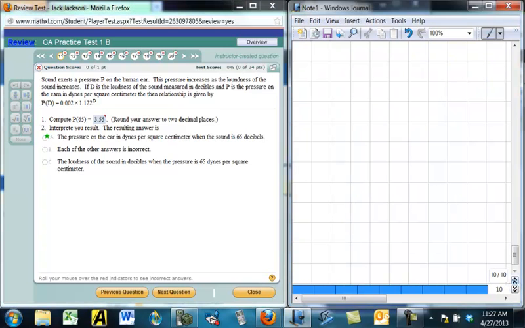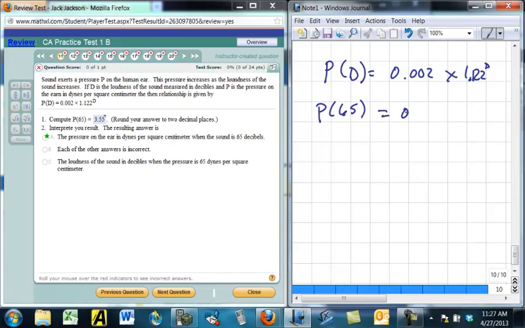Alright, so here we have another real-world application problem. Sound exerts a pressure P on the human ear. The pressure increases as the loudness of the sound increases. If D is the loudness of the sound measured in decibels and P is the pressure on the ear, in dynes per square centimeter, the relationship is given by this formula: P of D equals 0.002 times 1.122 to the D. So compute P of 65.